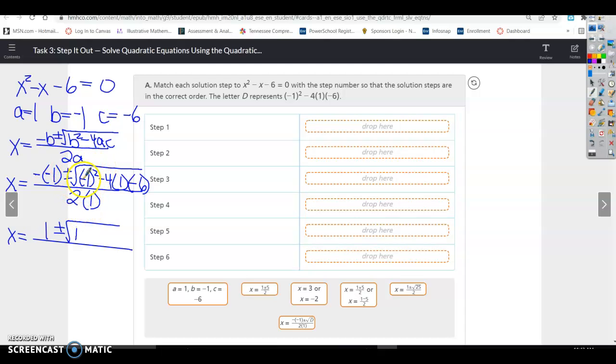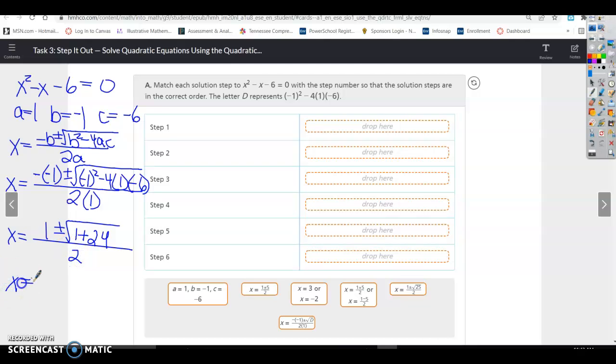I'm saying square root, but all I'm doing right now is evaluating what's under the square root. So negative 1, quantity squared, anything times itself is going to be a positive number. So negative 1 squared is 1. And then negative 4 times 1 times negative 6. Two negatives make this a plus 24. And then 2 times 1 is 2.